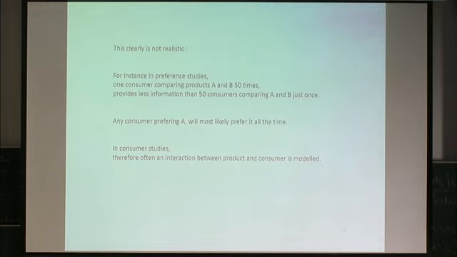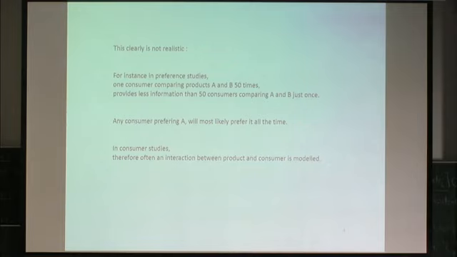For instance, if you look at preference studies, then one consumer comparing products A and B 50 times certainly provides less information than 50 consumers comparing products A and B just once. This is because a consumer preferring A will most likely prefer it all the time.